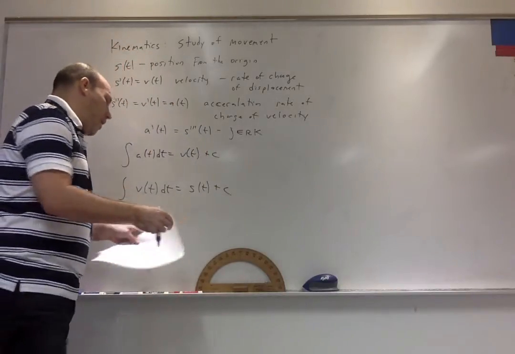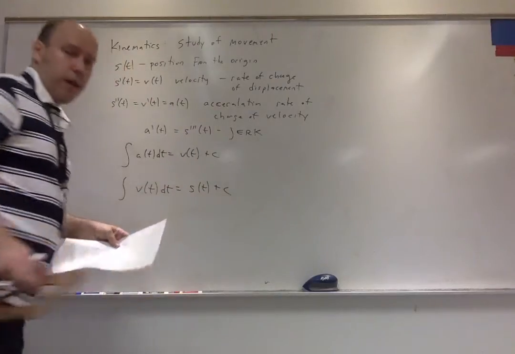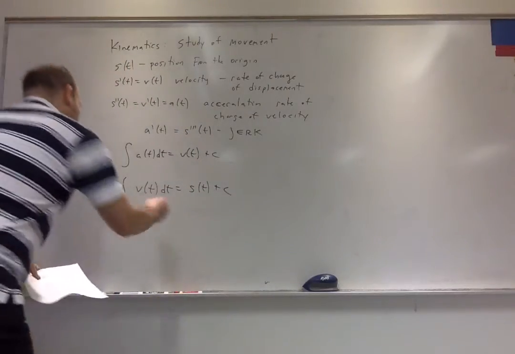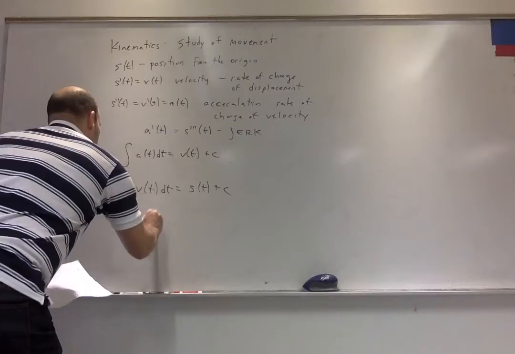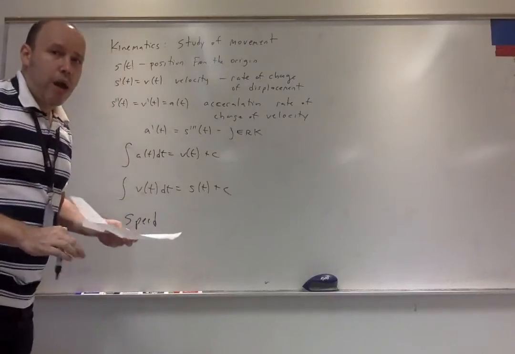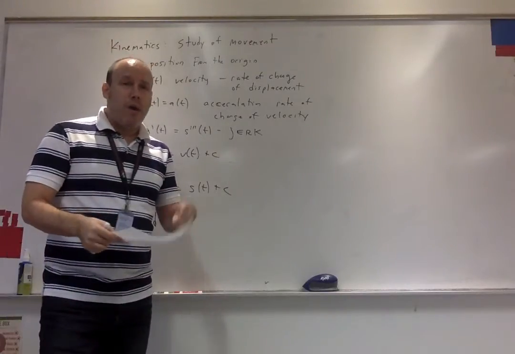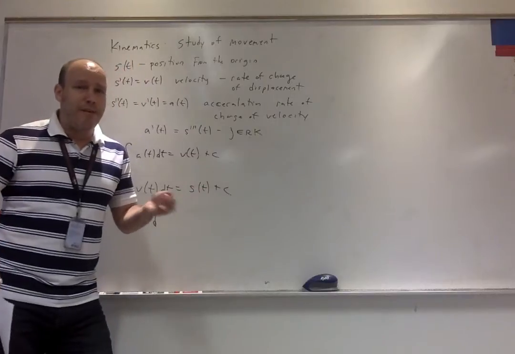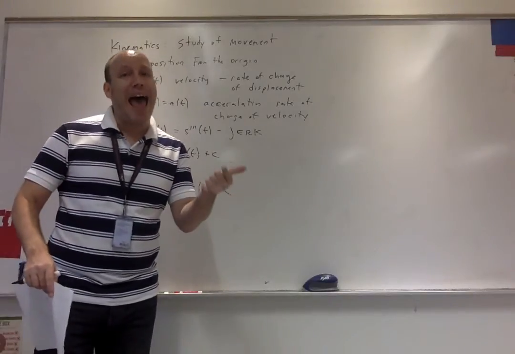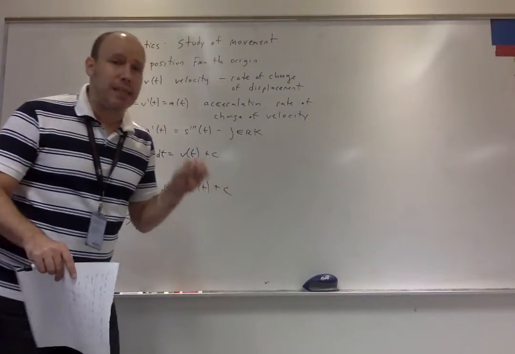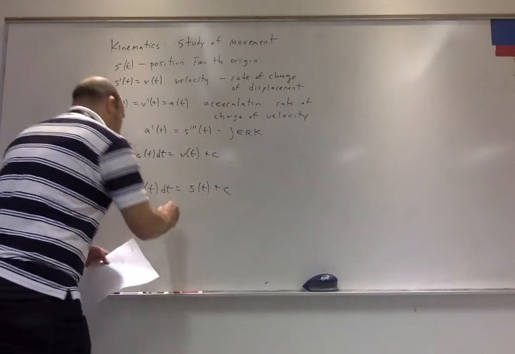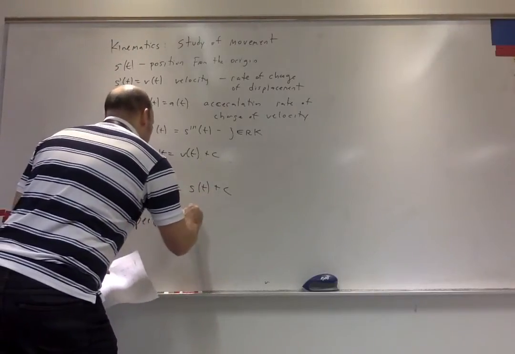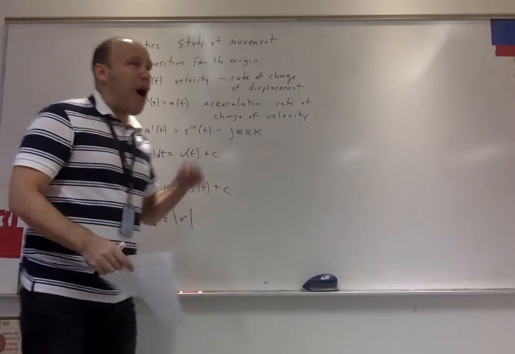Okay, what's the next thing we want to talk about? Well, the next thing is speed. Speed, how fast we're going. We know from vectors that velocity is a vector. It has magnitude and direction. Speed is a scalar, and so it's just the absolute value of velocity. I just want to know how fast you're going.